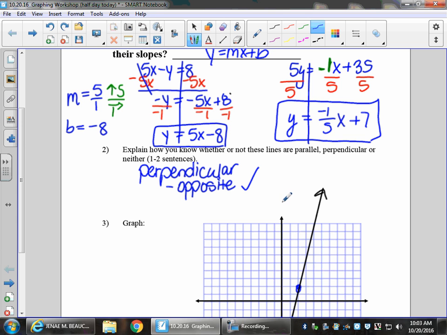What else has to be true? What does reciprocal mean? I like the first word you used. What did you say? The fraction is flipped. How would you write 5 as a fraction? Good. And so the reciprocal would be, and do we have that? Yes. So your job right now, graph this line carefully.